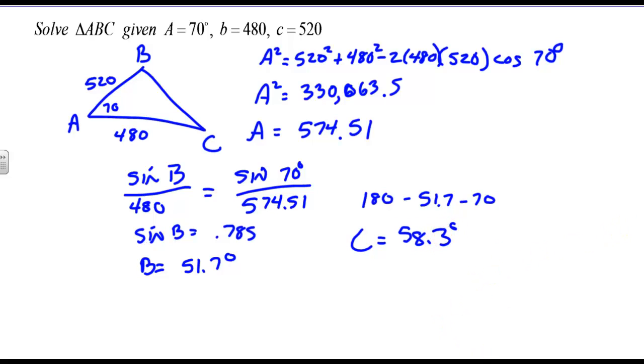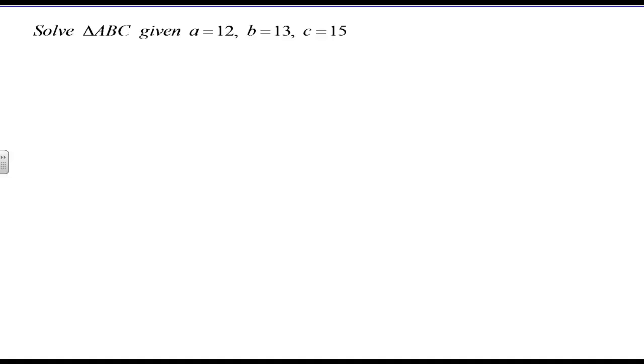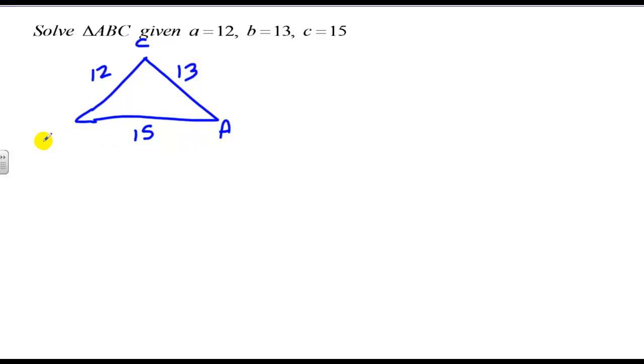Let's do another. In this case, we're given three sides, and like I said before, law of cosines works well with the side side side situation, so let's go A being 12, B being 13, and C being 15. And we'll find the missing pieces of this triangle.